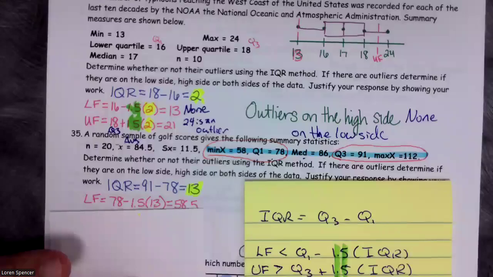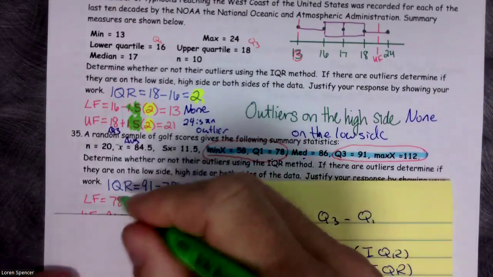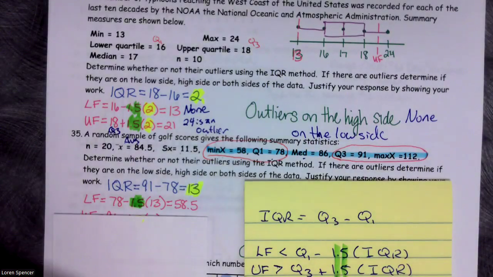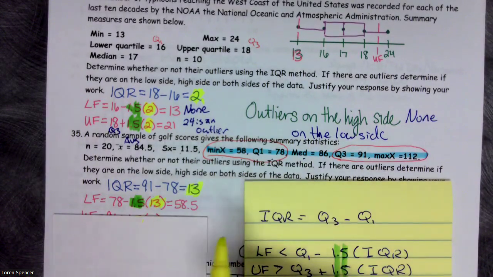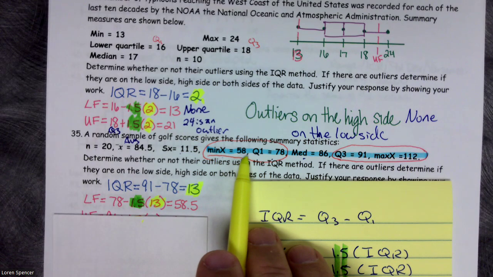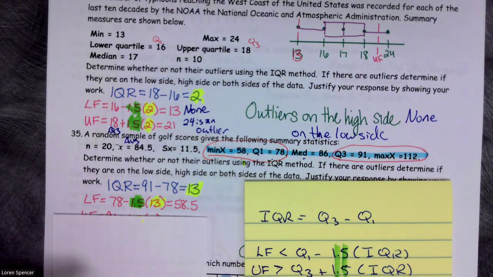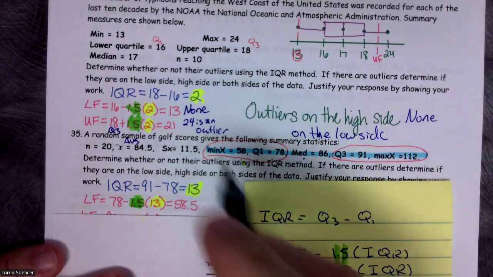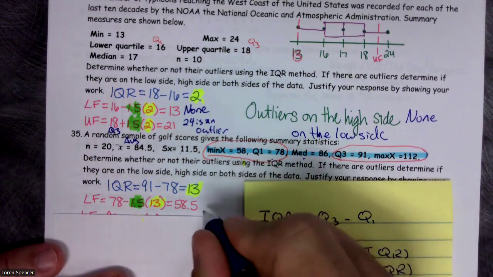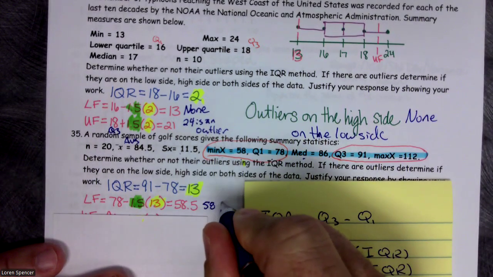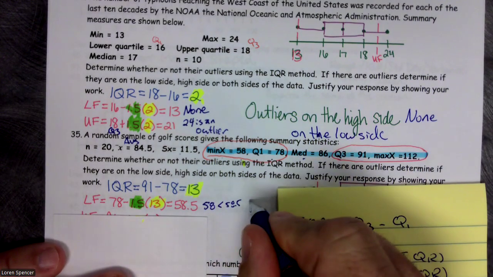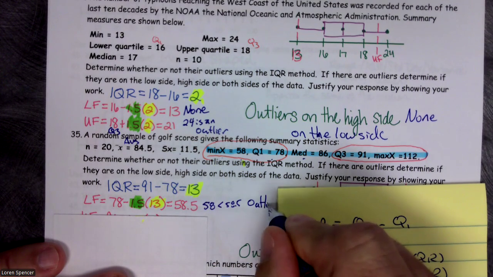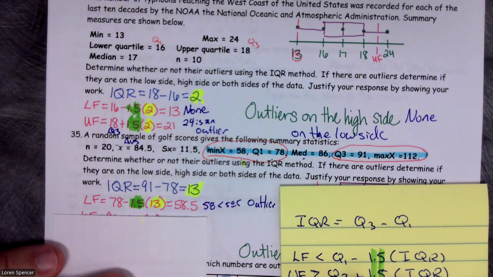Remember that 1.5 is just built into the formula, times our IQR of 13, and it gives me 58.5. Well, my minimum value is 58. And guess what? 58 is lower than 58.5. So we have an outlier on the low side.